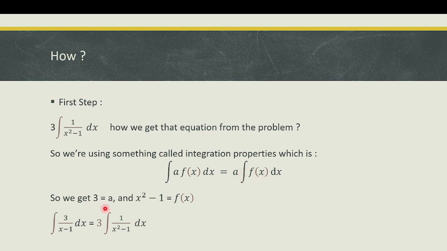So we get 3 as a, and 1 over x squared minus 1 is f(x). So the integral of 3 over x squared minus 1 dx is equal to 3, we take the 3 out, times the integral of 1 over x squared minus 1 dx. So here's how you get the first step.